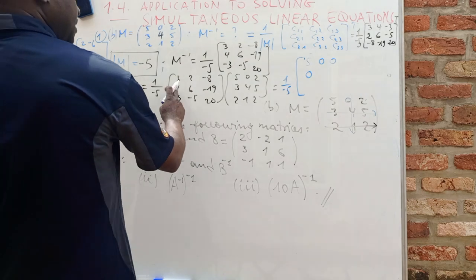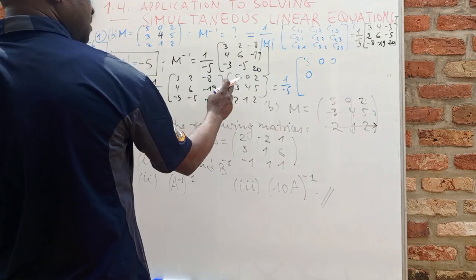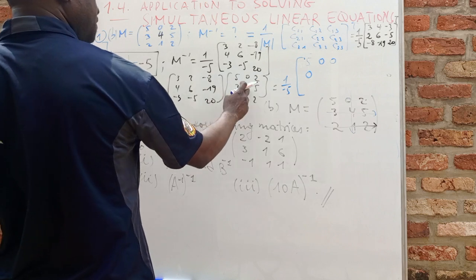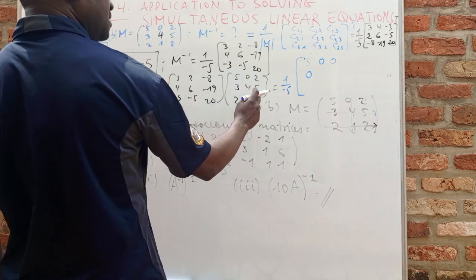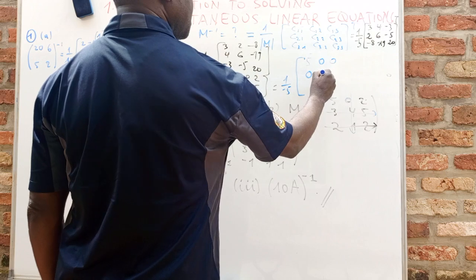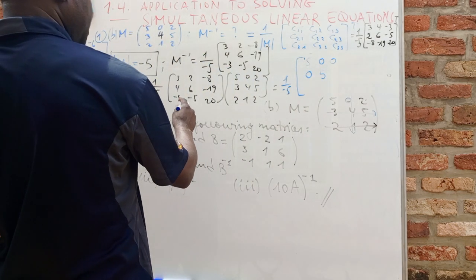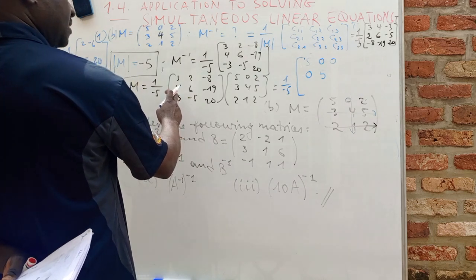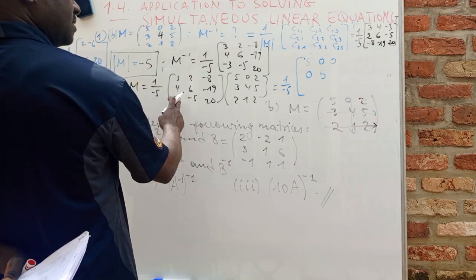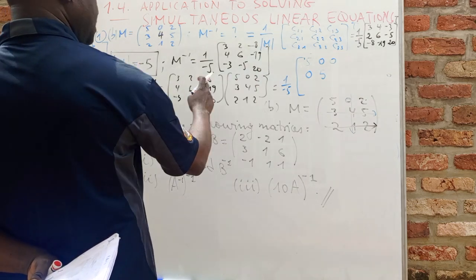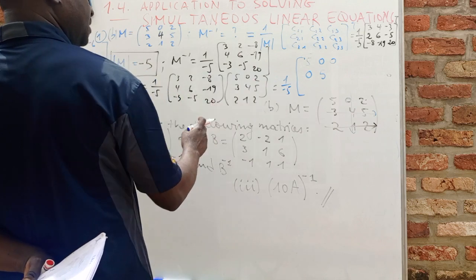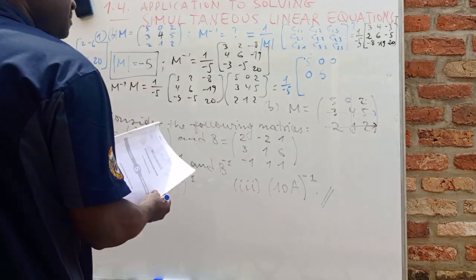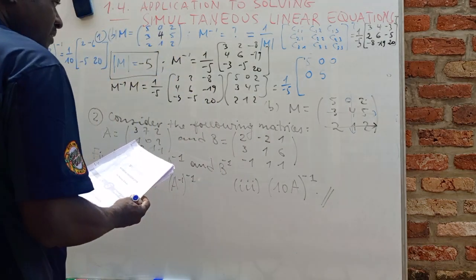Okay, now next, 0. 6 times 4, 24. 24 minus 19, it is 5. Okay, now next is 8 plus 11, it is 19. 19 minus 38, what is it?